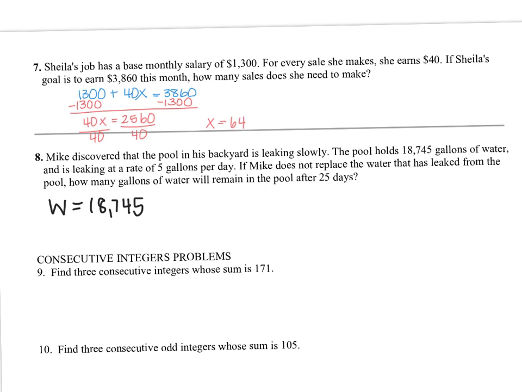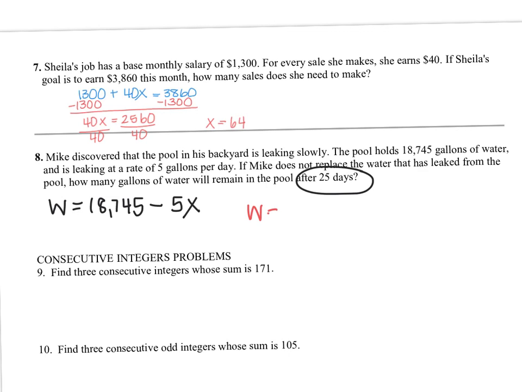18,745. And it's leaking, so the amount is going down by 5 gallons per day, or 5x. There's our equation. To find out how much is left after 25 days, we're just going to plug 25 in for x.